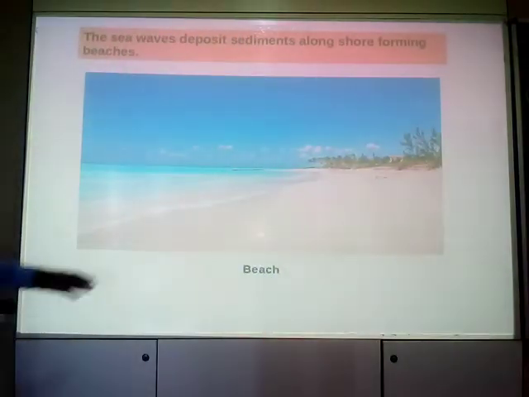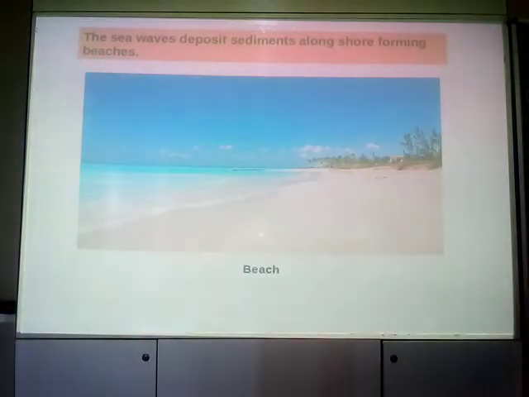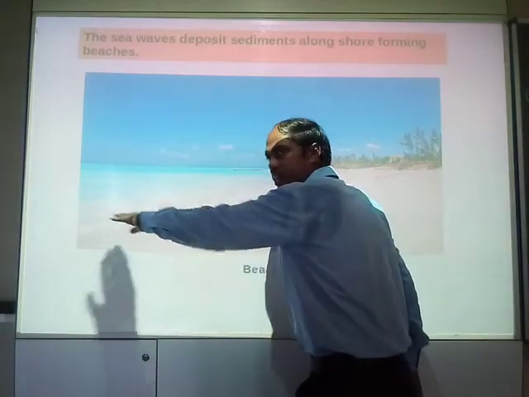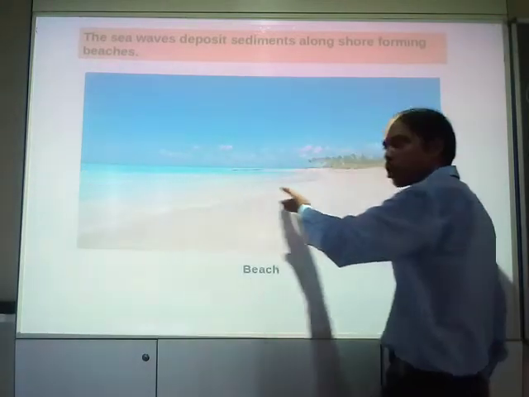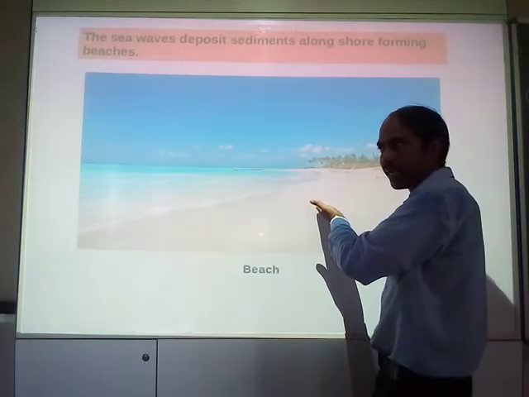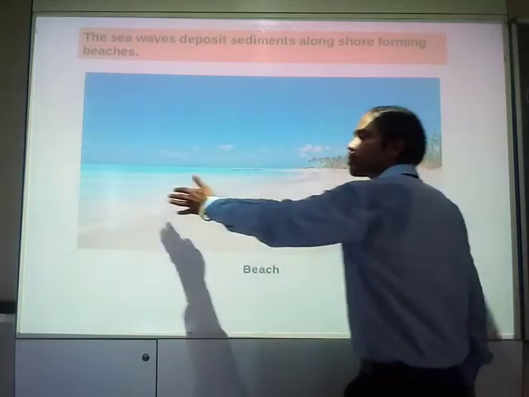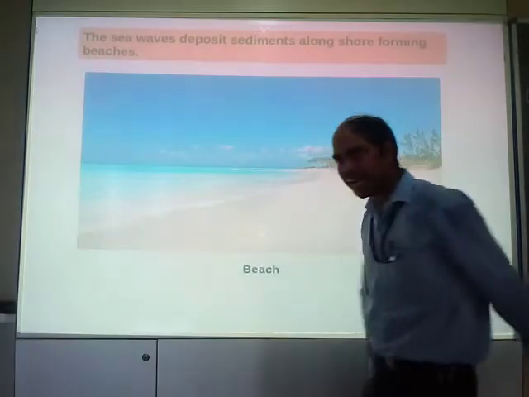Okay, so here is a beautiful diagram of how beaches are being formed. Clear? When the river flows, it flows with the sand and silt. When the sea comes along the edge of the sea, it leaves behind the sediments, goes away, right?